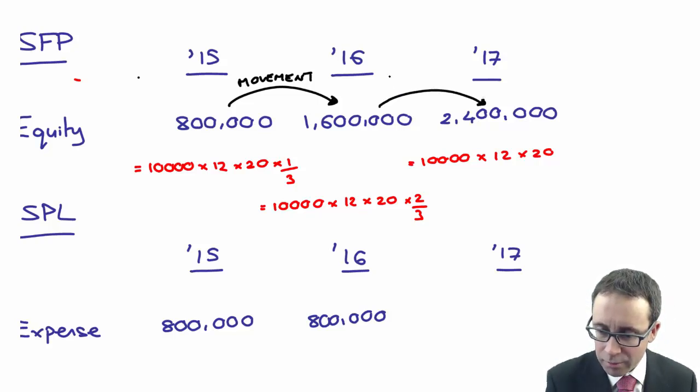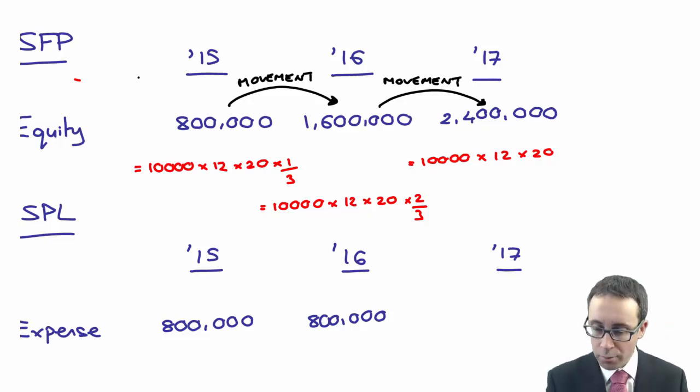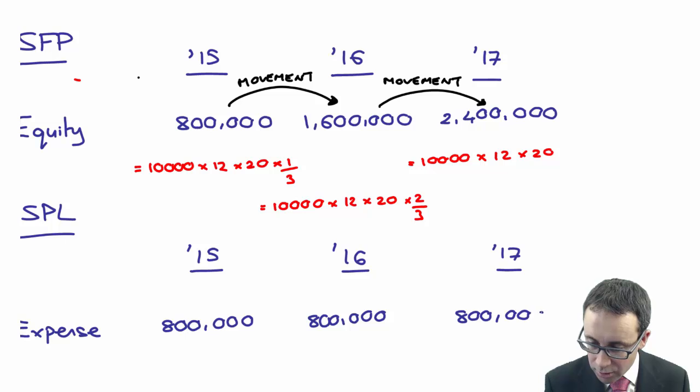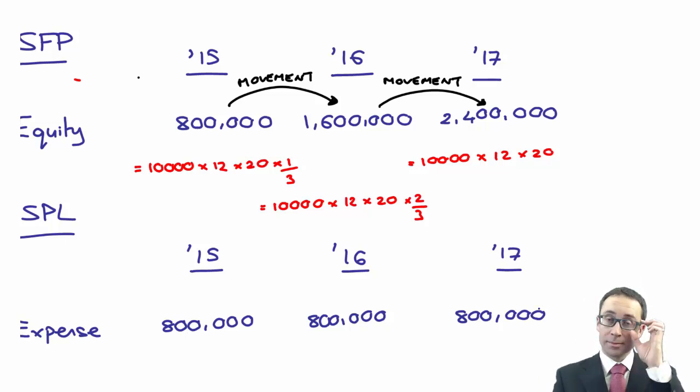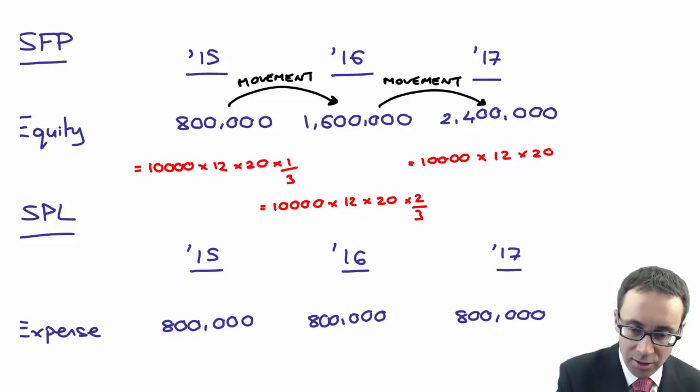To get there, we need to process a journal entry that looks at the movement, isn't it? And the movement from 1.6 to 2.4 is another $800,000, isn't it?